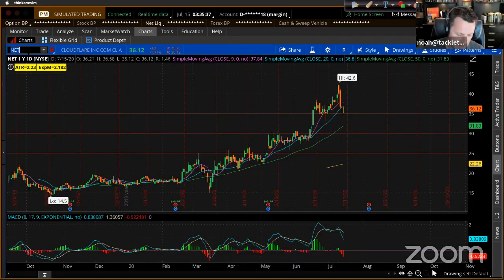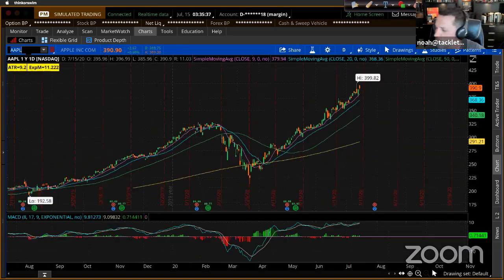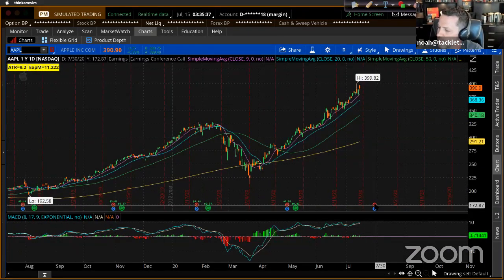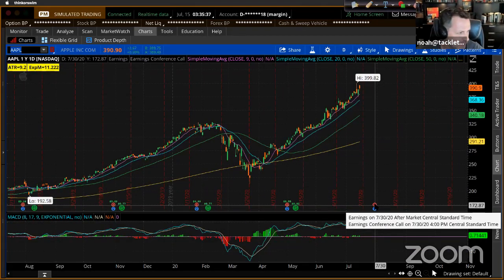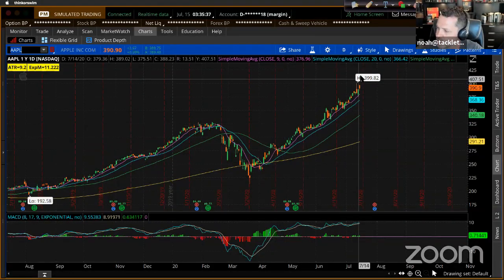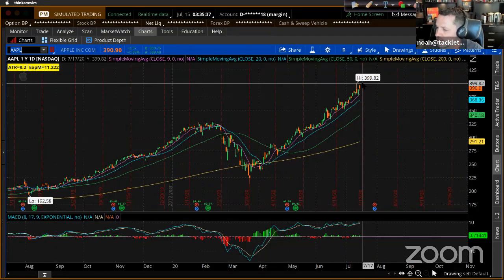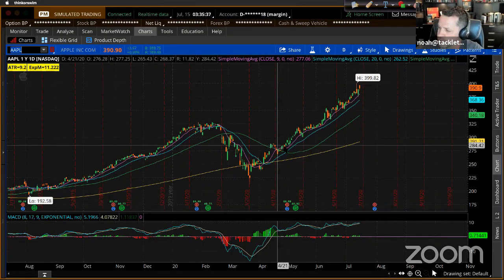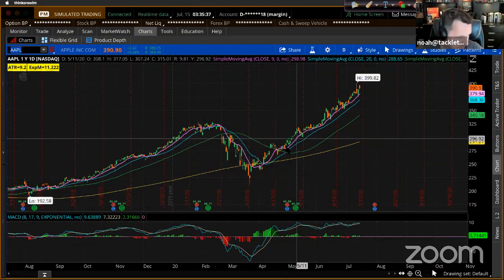Let me pop open Apple here. They don't report until about the 30th of the month. Right now, Apple's just ripping up strong. It's trading just shy of $400 a share. And let's say Adi's owned this for a while and he's got a $300 cost base or something in that ballpark.